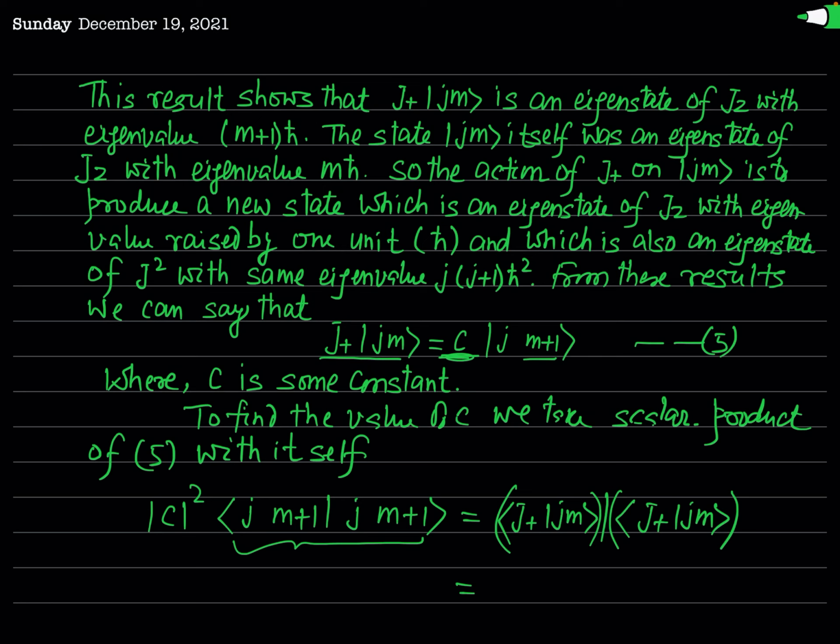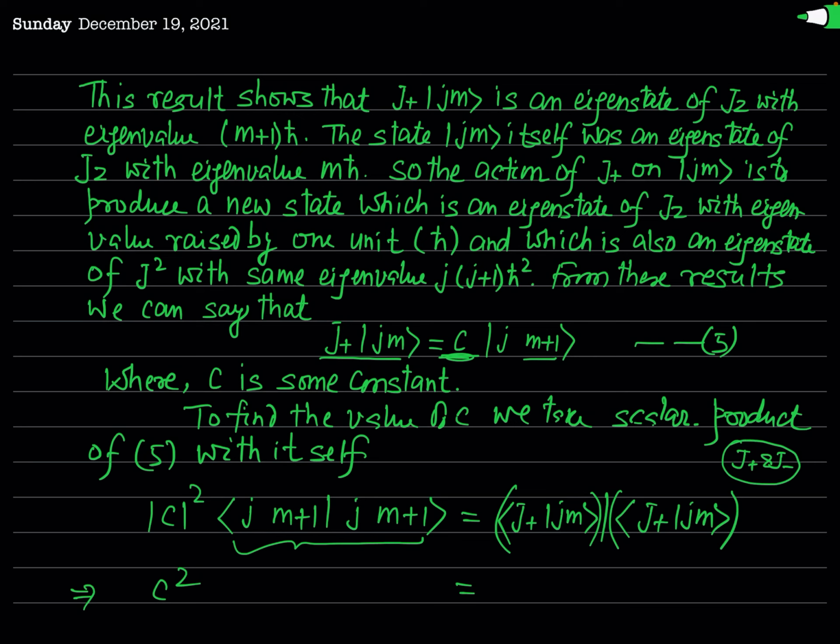So this will be equal to 1. So you can write C square equal to. Now you know that the operators J plus and J minus, that is the raising and lowering operators, are not Hermitian.